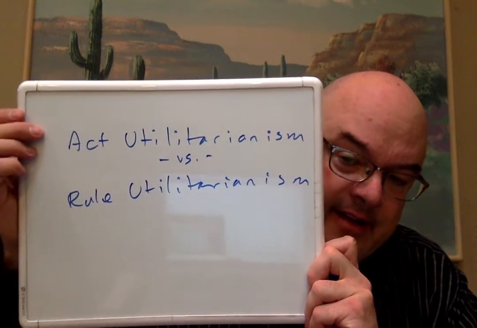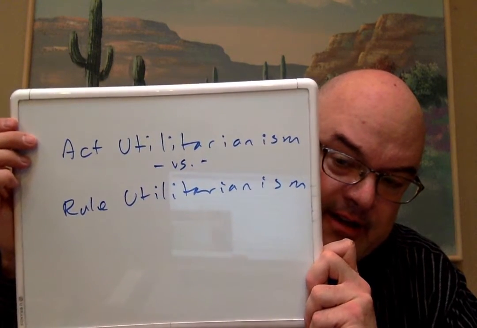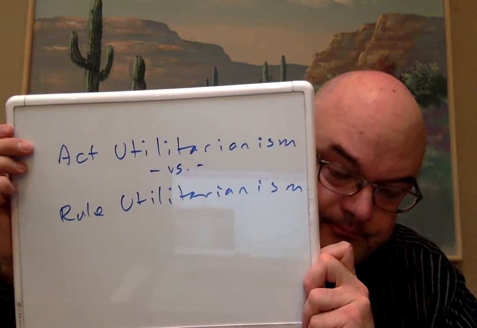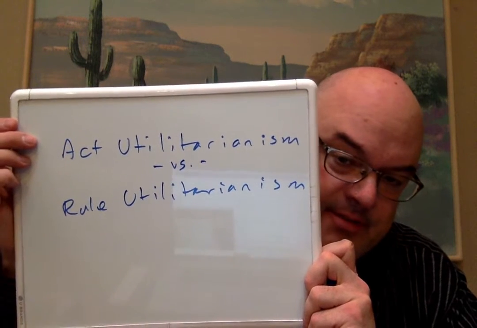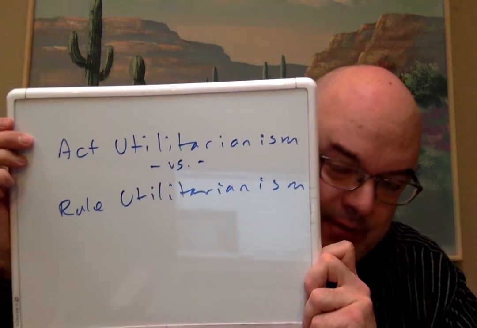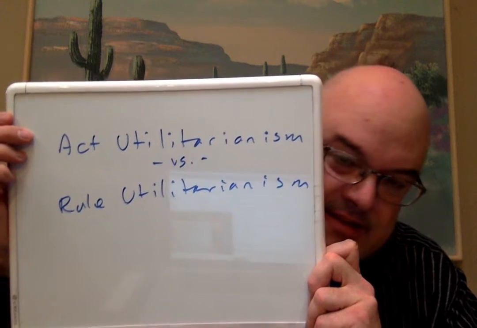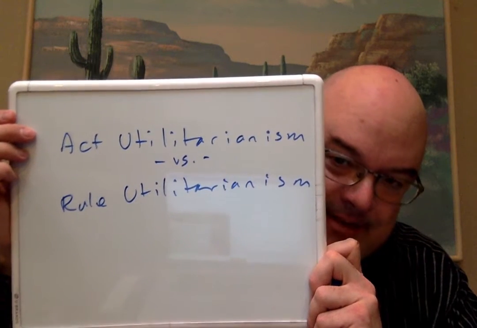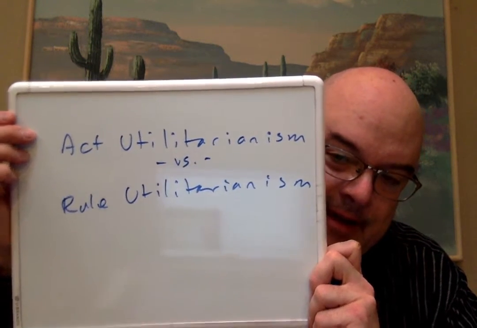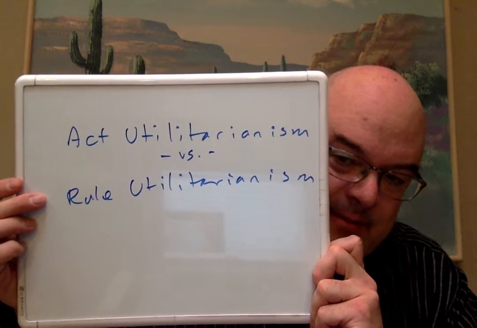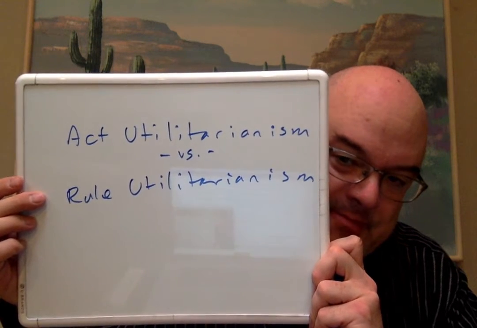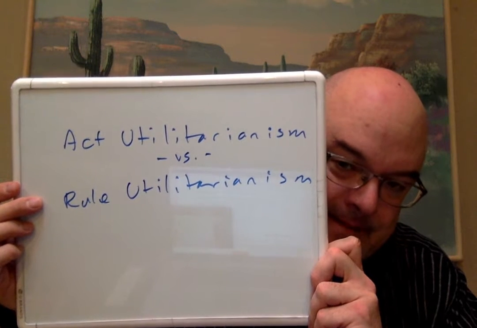Now, remember that previously Mill had countered the objection that this seems to make utilitarianism too impractical and too unwieldy because with every action you have to do this complex calculation and so forth. And so that actually gave some credence to the view that perhaps Mill is a rule utilitarian.